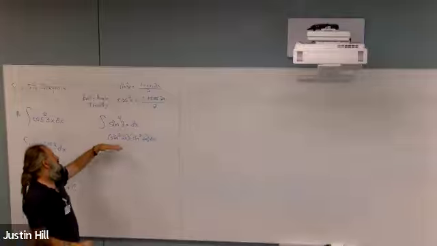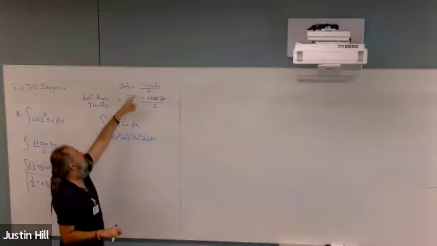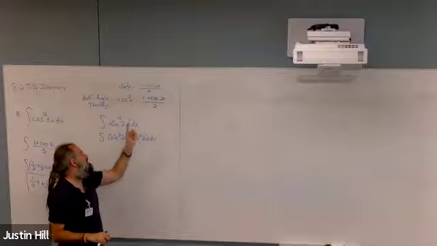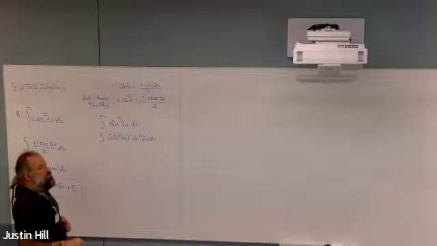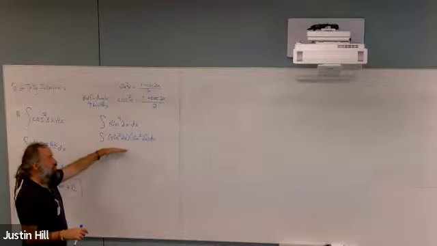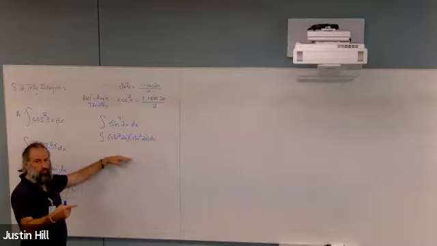Either way, like the last one, I can replace sine squared with, in this case, 1 minus cosine of the double angle, over 2. Then we want to check, one, can we take the integral from there, and two, if not, what's the next step?